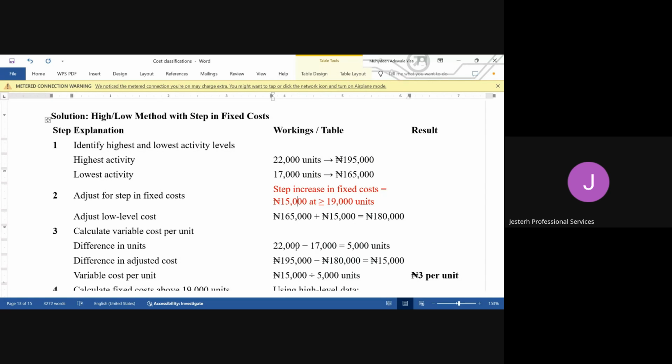165,000. Then now we need to adjust it based on the lower level of activities.